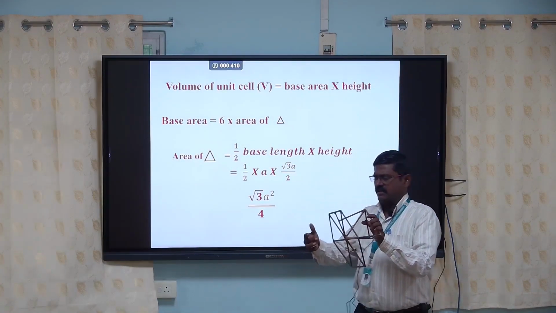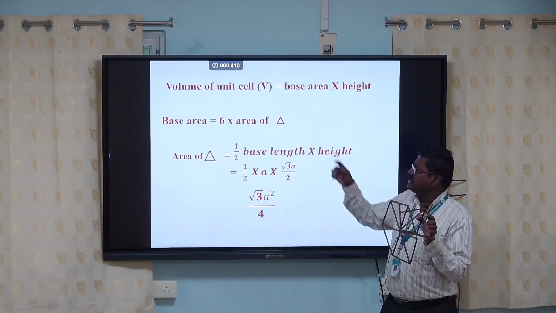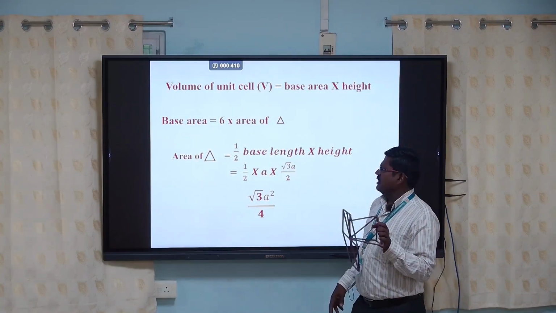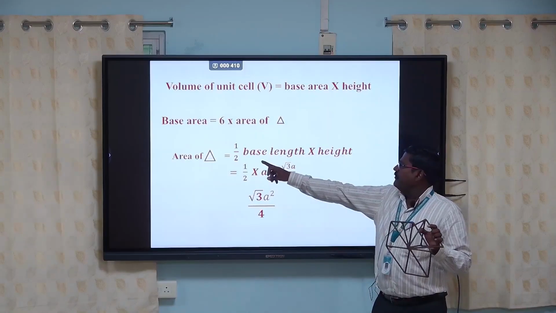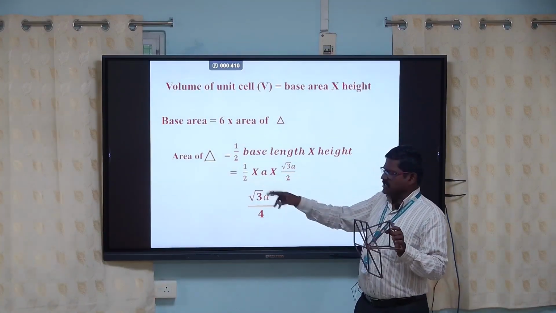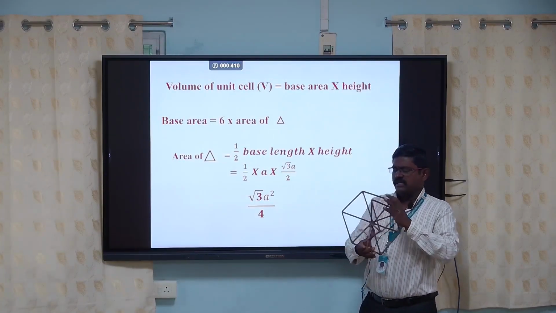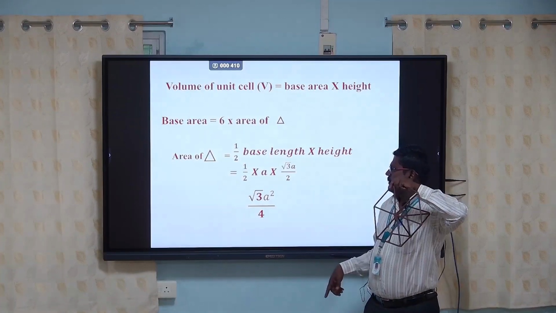Here we have 6 triangles, 1, 2, 3, 4, 5, 6. So base area is nothing but 6 into area of triangle. What is the area of triangle? Half into base length into height. Base length is always A, and the height we already know, this is root 3 A by 2.